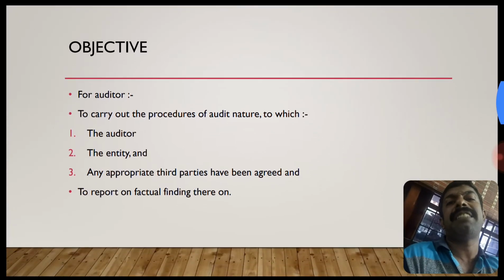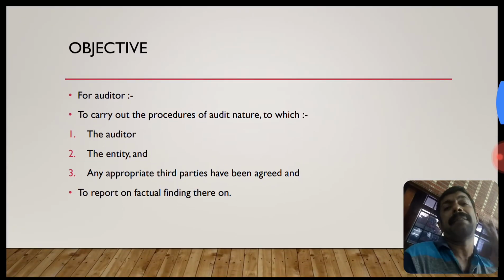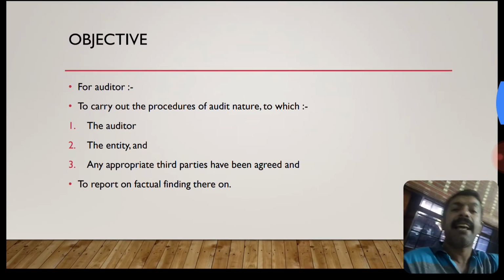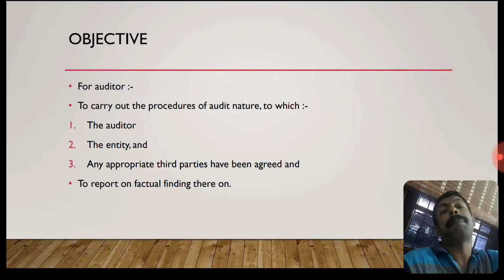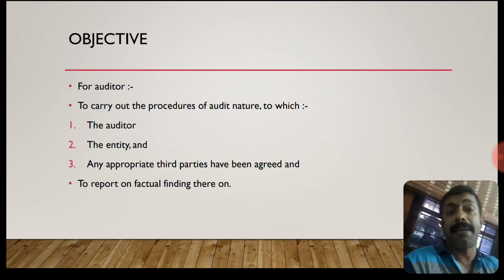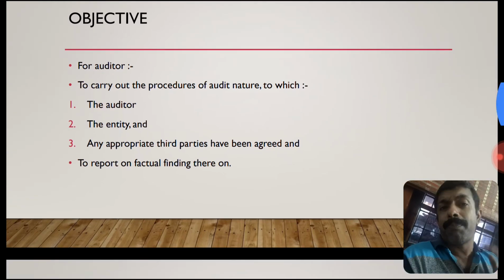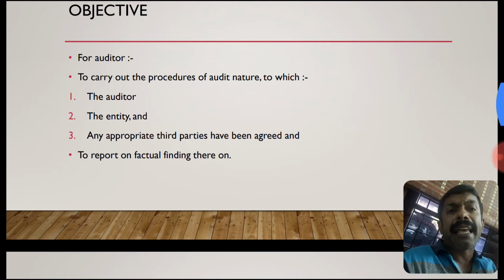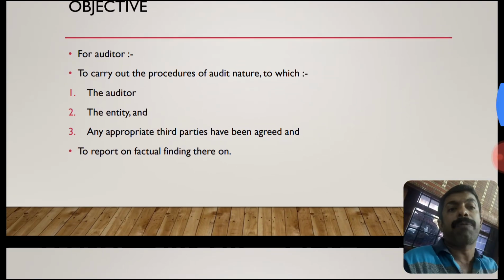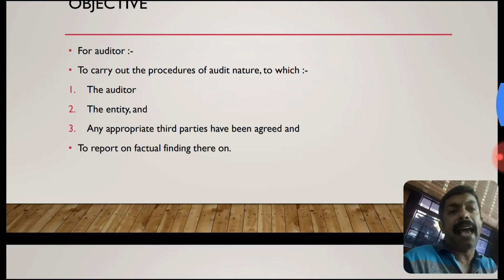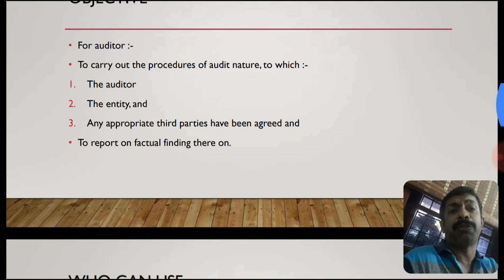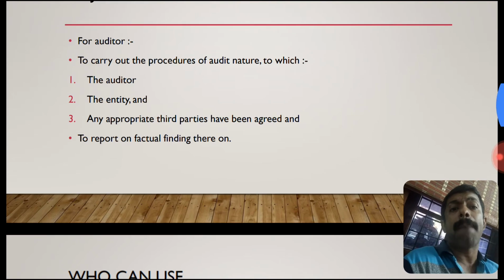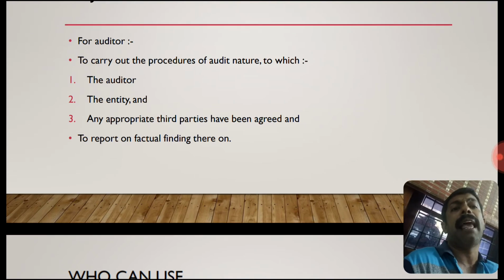Objective of the standard. In this context there may be three persons: one is the auditor, one is the client, and three is the third party. We discussed this in the franchisee model. So what are the objectives of this standard? For an auditor to carry out the procedures of an audit nature which the auditor, entity and appropriate third party have agreed upon.